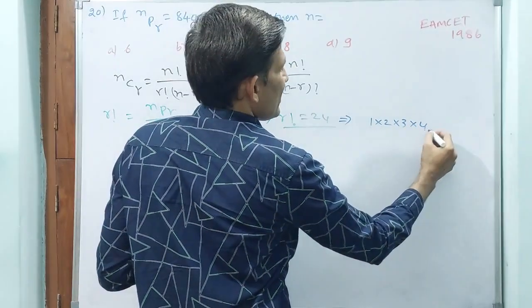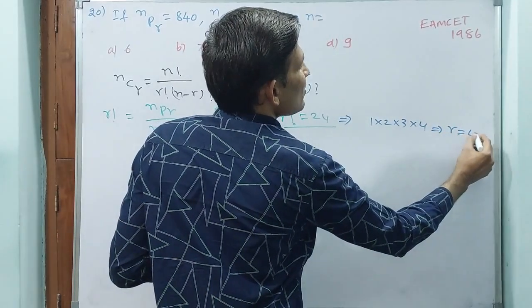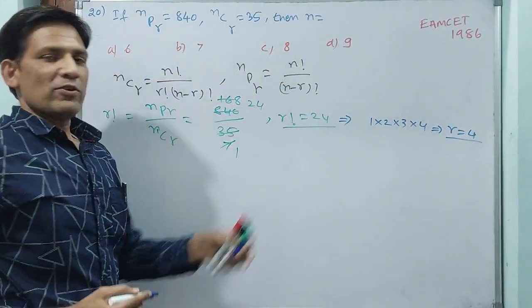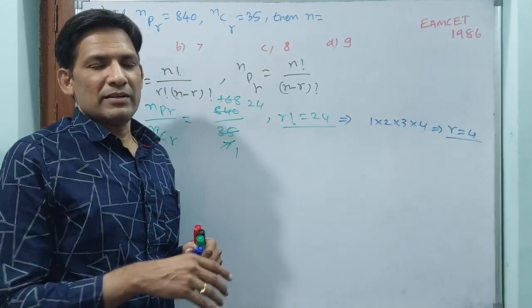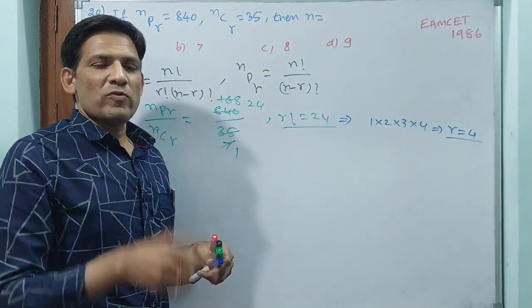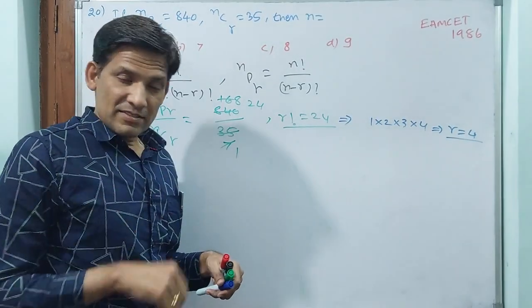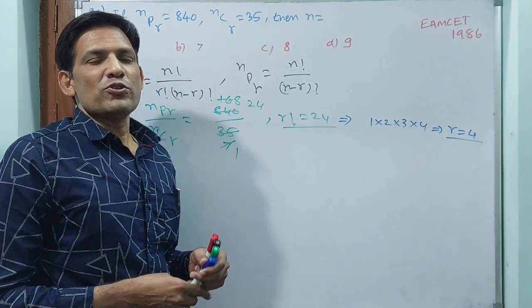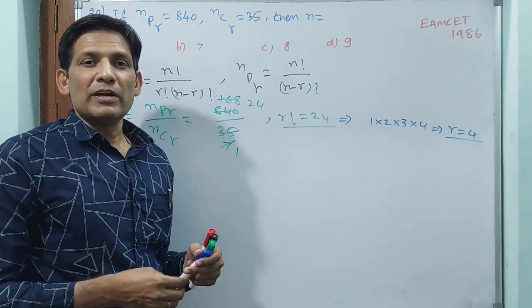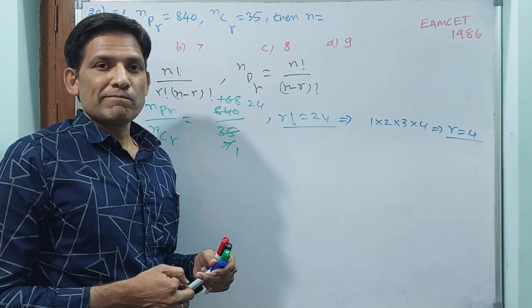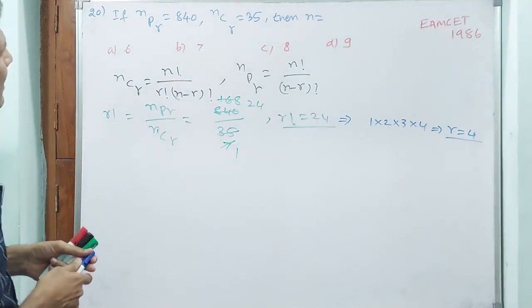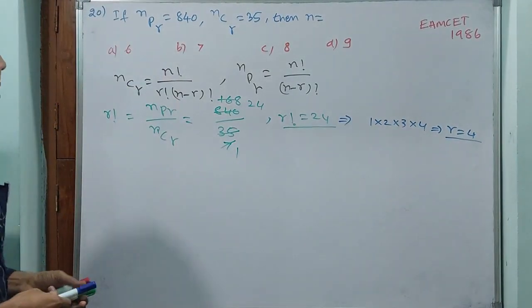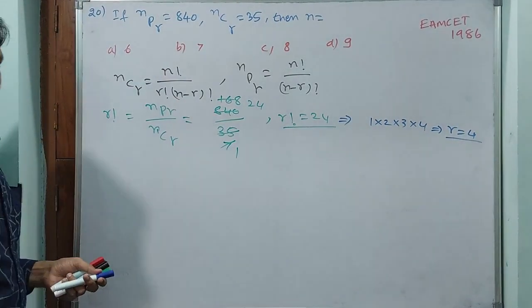That means r is equal to 4. 4 factorial. Normally up to 5 or 6 factorials you have to remember: 1 factorial 1, 2 factorial 2, 3 factorial 6, 4 factorial 24, 5 factorial 24 into 5, 120, then 720, like that.